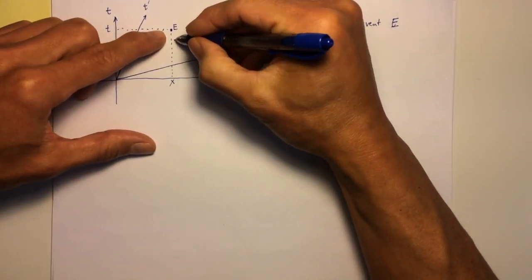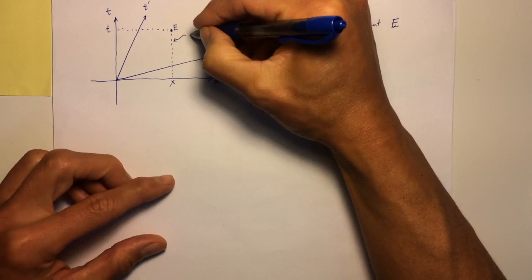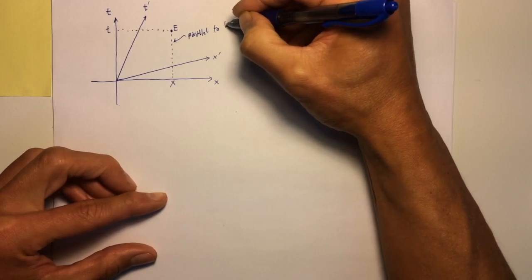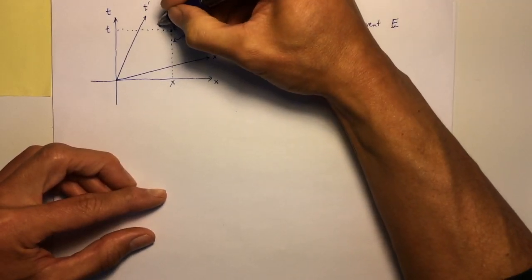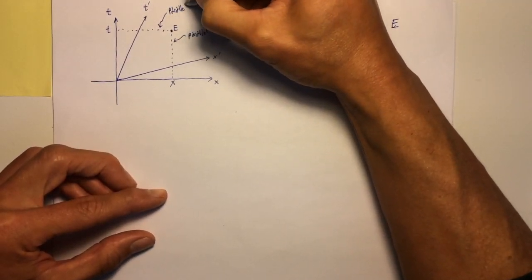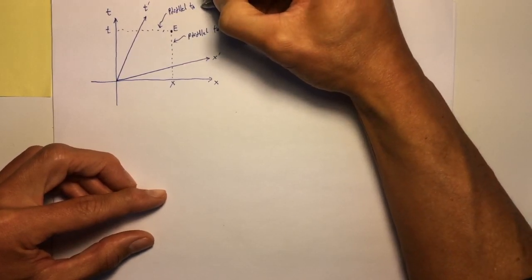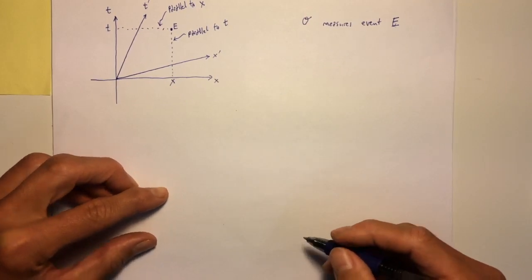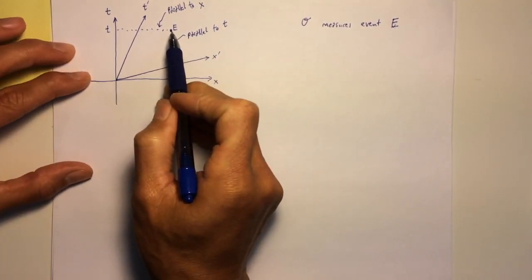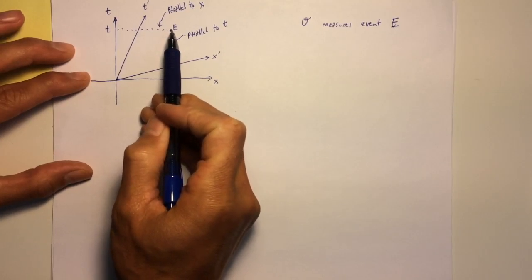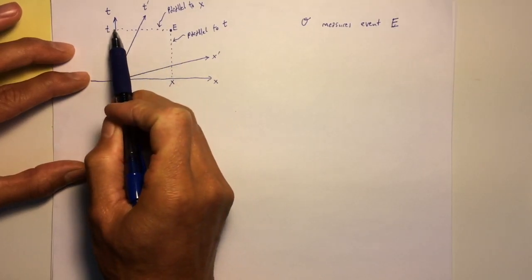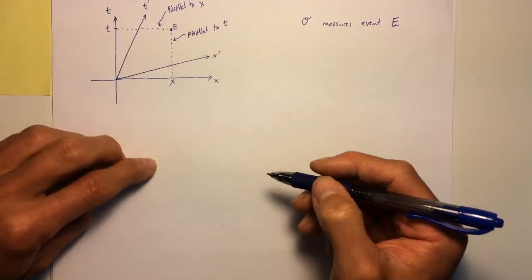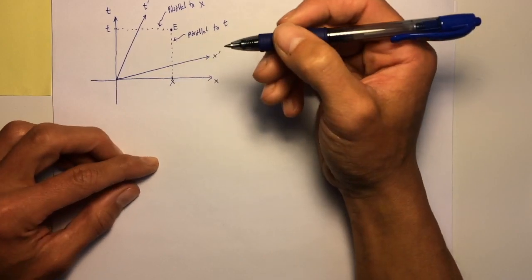So this dashed line is parallel to t, and this dashed line is parallel to x. I hope you can see that, right? So the way that the event coordinate is located against the axes is you go back parallel to the x-axis to the t-axis, and you look on the t-axis ruler for its value, and likewise you do the same thing on the x.